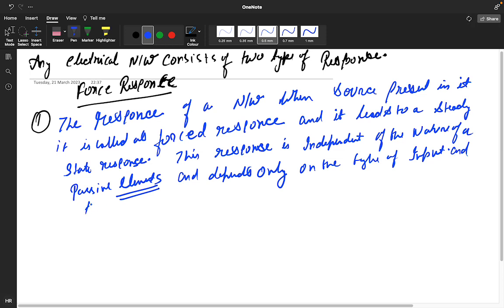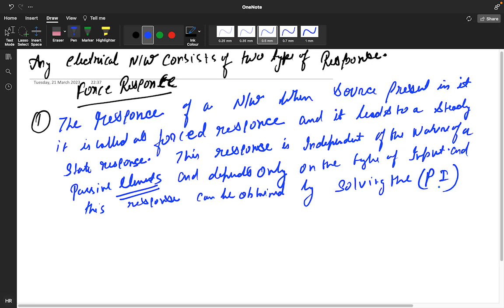Okay, the particular integral part of the differential equation.